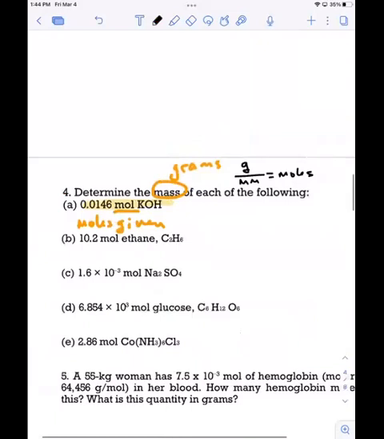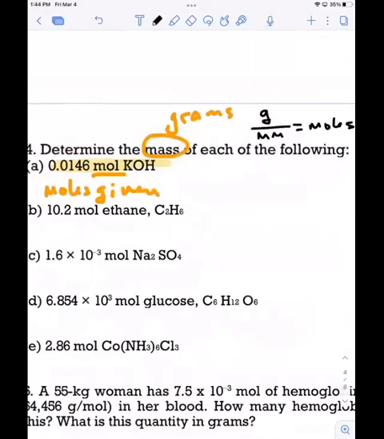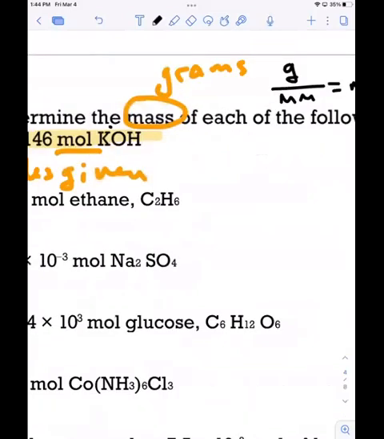So now we know what we have. All these questions are the same. What do you have? What do you need? And sometimes you have to take what you have to derive what you don't have. So we don't have a molar mass, but we have a formula. And because of that, we can figure out what the molar mass is.